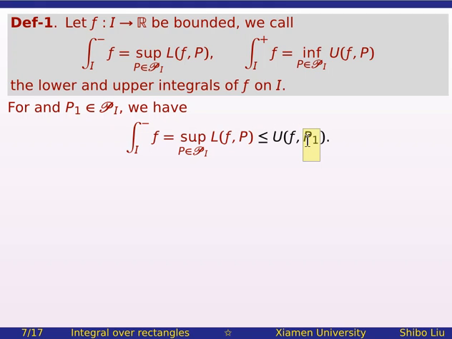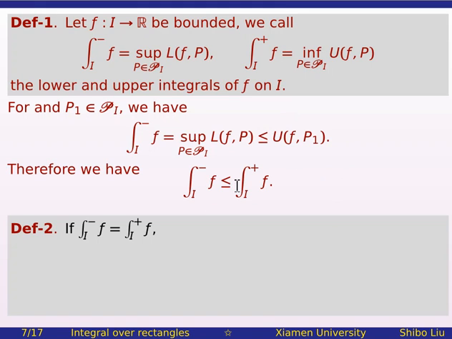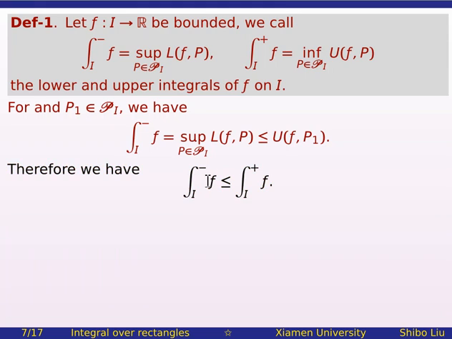When P1 runs through the partitions of the rectangle I, the infimum of the right hand side is the upper integral. So we conclude that the lower integral will never be greater than the upper integral. So this is the relation between the lower integral and the upper integral. The lower integral will not be greater than the upper integral.